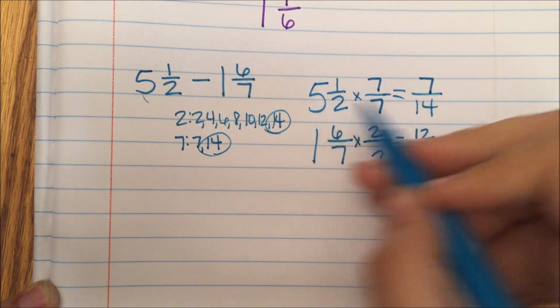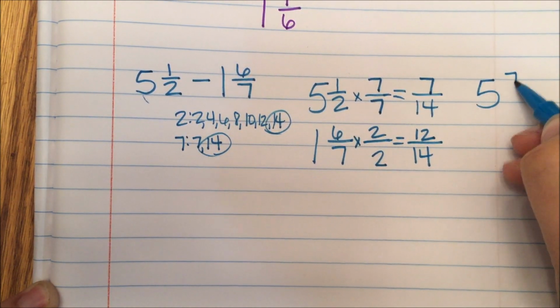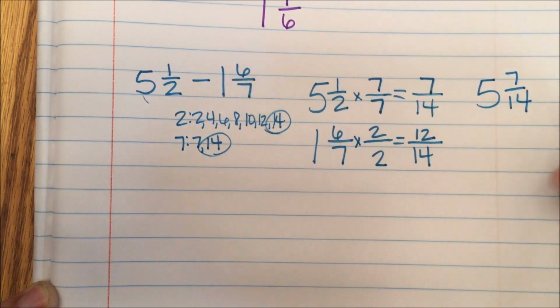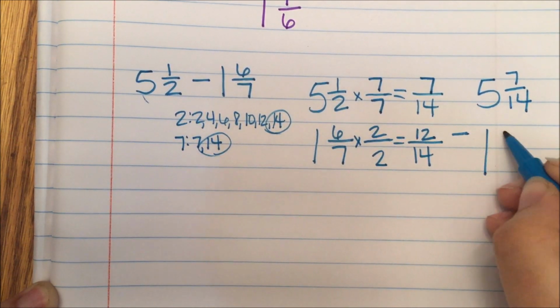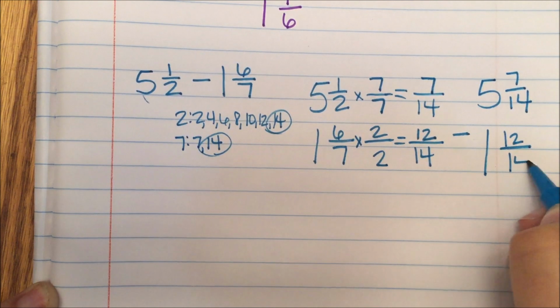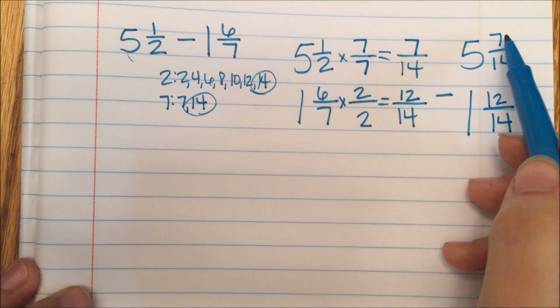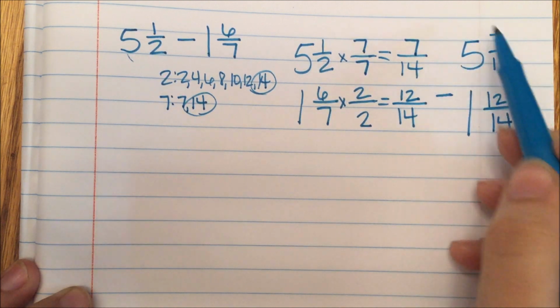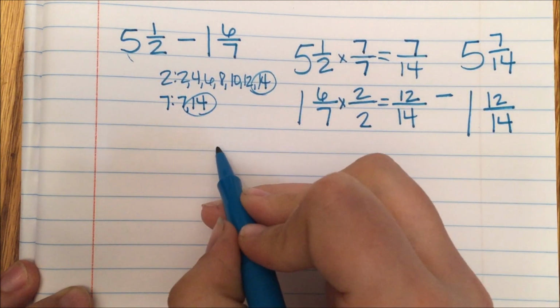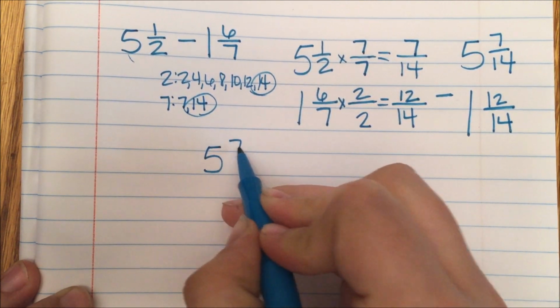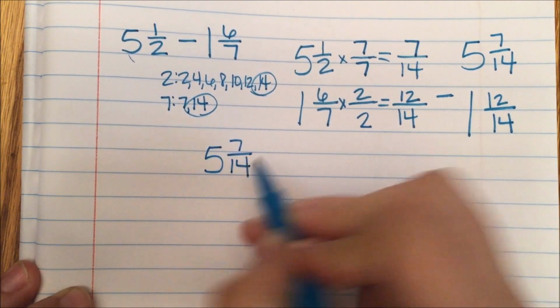So now we've got 5 and 7/14 minus 1 and 12/14. Okay, I know that I cannot do 7 minus 12, so I have to borrow from the 5. So we are going to rewrite 5 and 7/14.